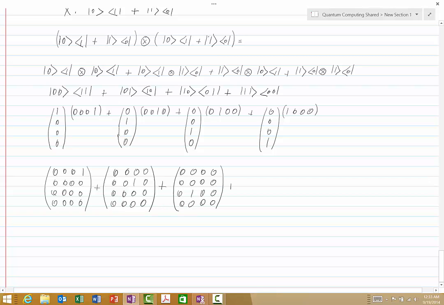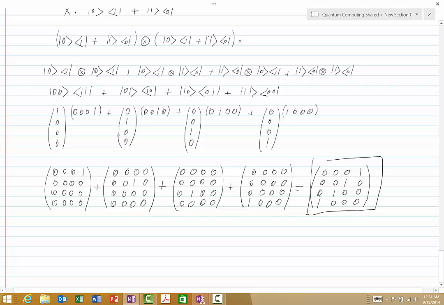And finally, for the last one, we will get this. And now when we add all of these matrices together, we get 0, 0, 0, 1, 0, 0, 1, 0, 0, 1, 0, 0, 1, 0, 0, 0. So this is the answer right here.